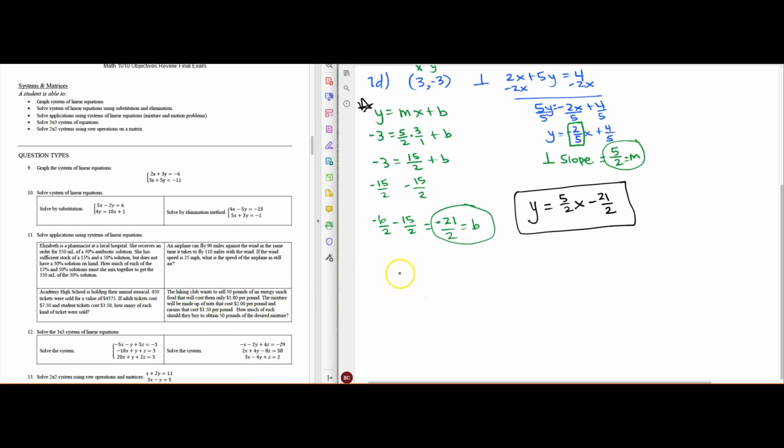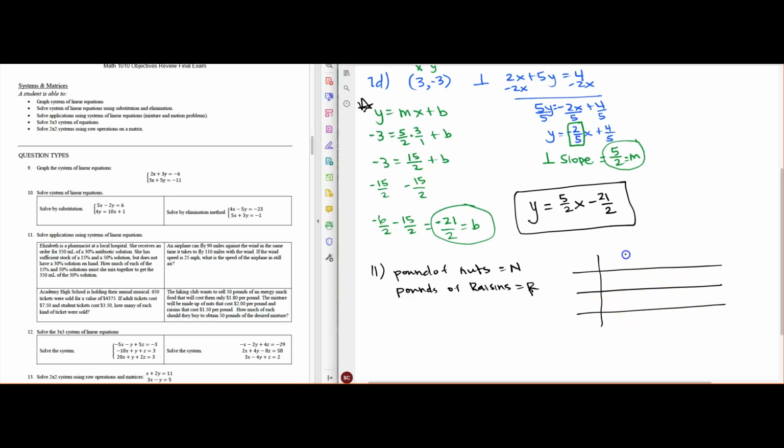Okay, so on this one, there's two different things that we're looking for, right? We want to know the pounds of nuts and pounds of raisins. So maybe I'll just call pounds of nuts N, and pounds of raisins is going to be R. And then you can make a little chart for this if you find that's the easiest way for you to set it up, but you're going to have to come up with two equations here, right?